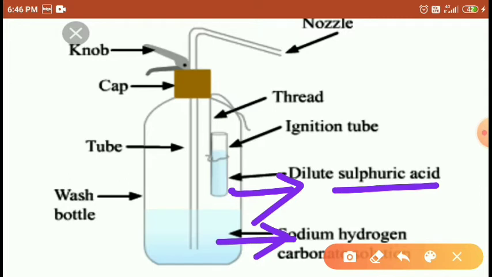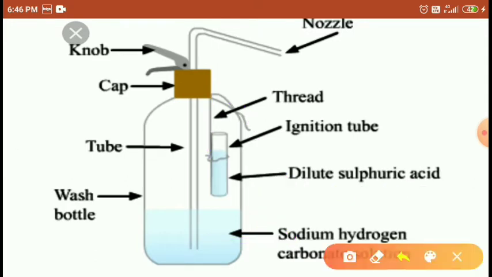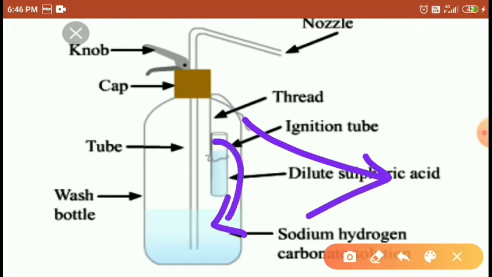So whenever we find a fire and want to stop it from burning, what we have to do is, it is connected with the thread here, students. We just pull the thread. If you pull the thread, the sulfuric acid falls completely onto the sodium hydrogen carbonate.